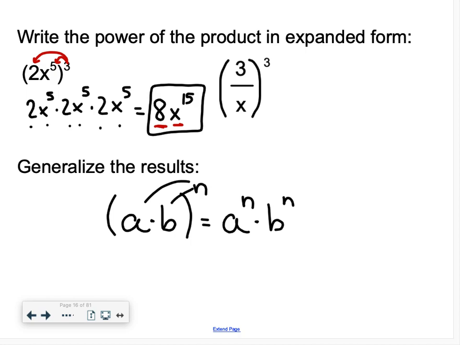So you don't necessarily have to write all of that out. Same thing with quotients. I'm going to cube the numerator and cube the denominator. So you carry that power through to absolutely everything inside. So this is going to be 3 cubed over x cubed, but 3 cubed is 27, so you could simplify that.